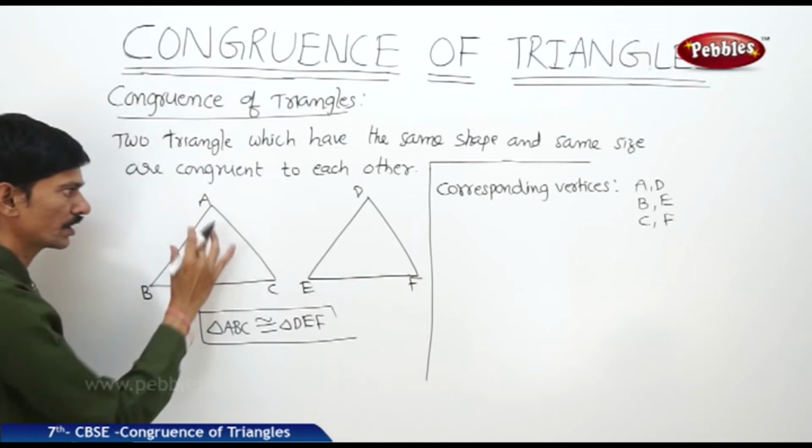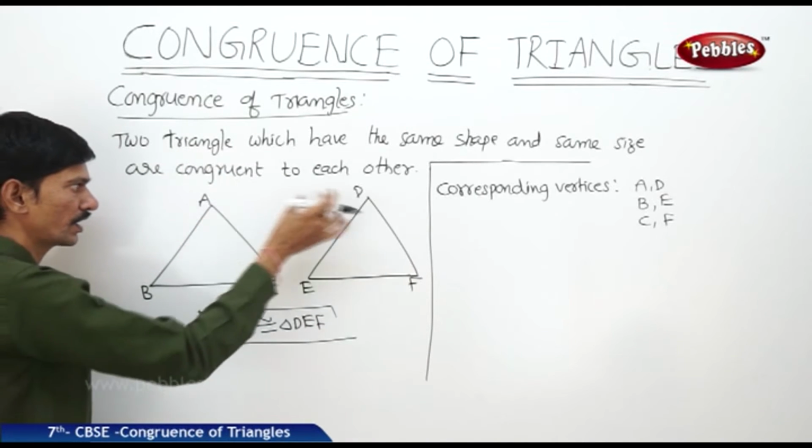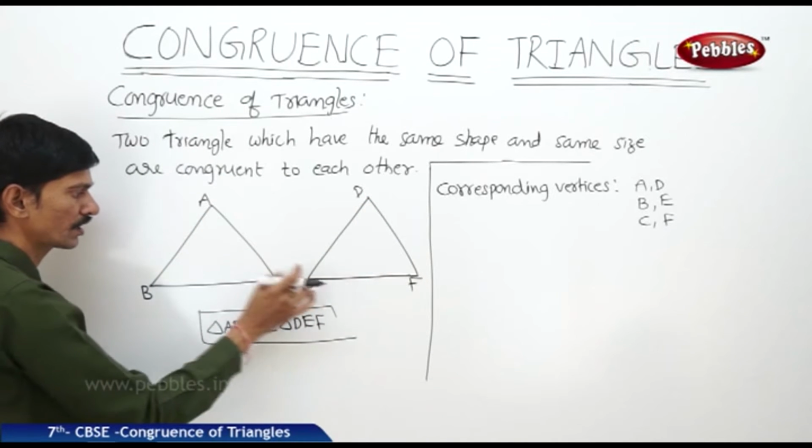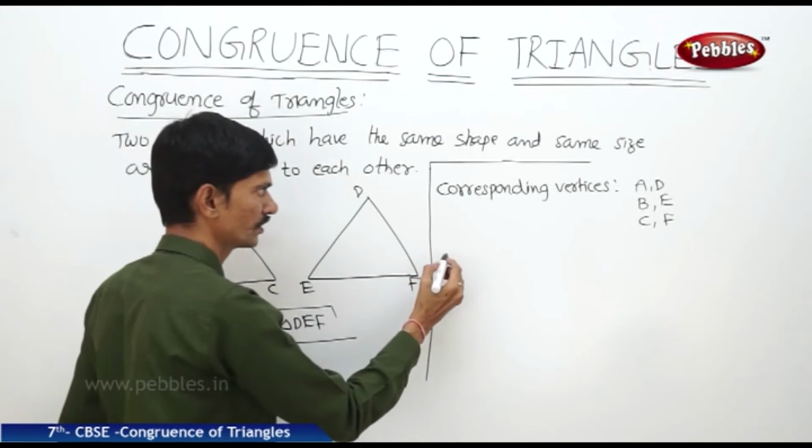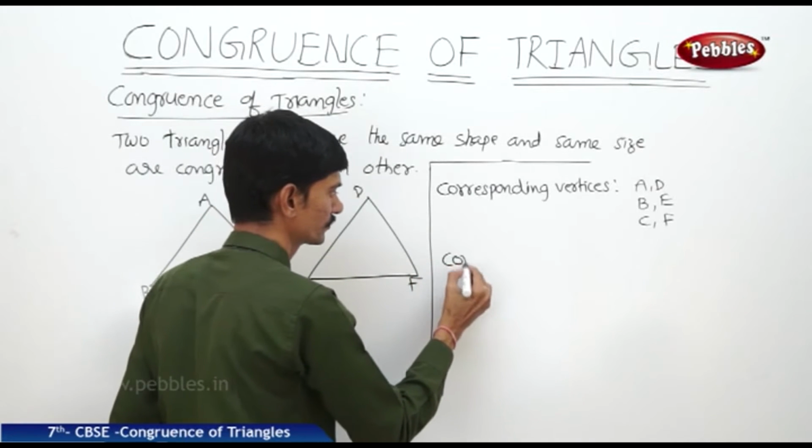Then what are the corresponding angles? Same, angle A and angle D, angle B and angle E, and then angle C and angle F. So these are the corresponding angles.